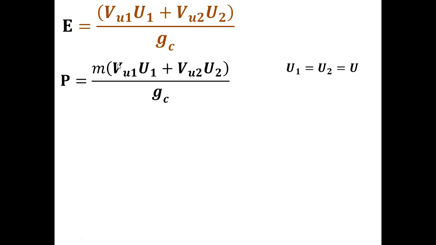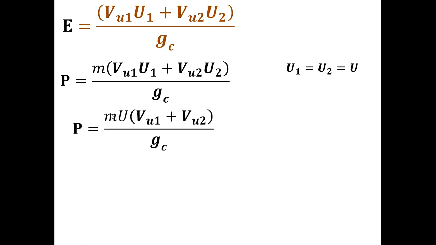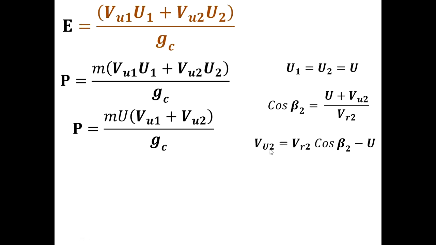Therefore u will be common, so I am taking u common outside. From the exit velocity triangle you have already written, cos beta 2 is equal to u plus vu2 divided by vr2, adjacent side divided by hypotenuse. I told you to write this down in your notebook. So vu2 is equal to vr2 cos beta 2 minus u, and vu1 is equal to u plus vr1.